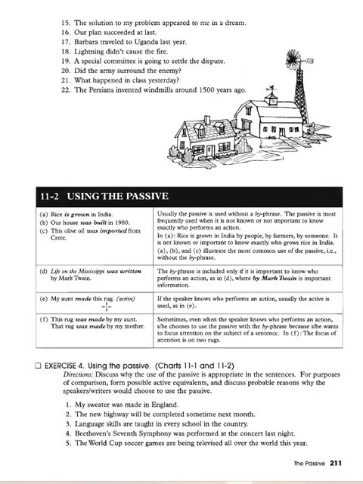My aunt made this ring. This is active voice. So if the speaker knows who performs an action, usually the active voice is used. The rug was made by my aunt. The rug was made by my mother. Sometimes, even when the speaker knows who performs the action, she chooses to use the passive voice because she wants to focus attention on the subject of the sentence.